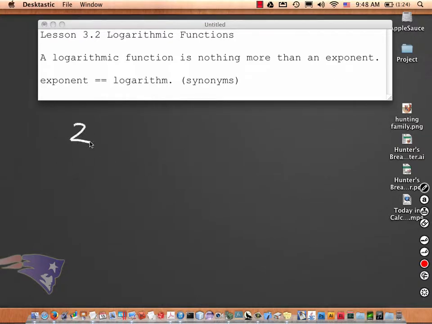What if I take 2 to the 0 power? What do I get? 1. So now let's convert this into logarithmic form. Log base 2 of 1 is equal to 0.